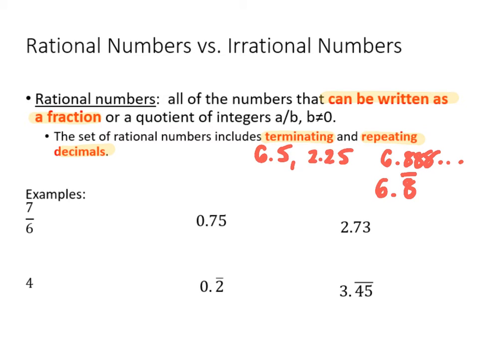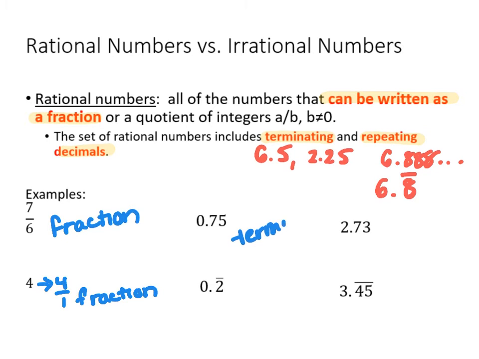Now, if we look at the examples, 7 over 6 is an example because it is a fraction. 4 is an example because we can rewrite that as 4 over 1, so it's also a fraction. 0.75 is a rational number because it's a terminating decimal.